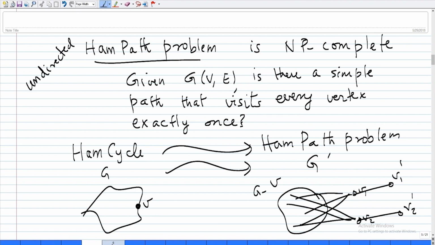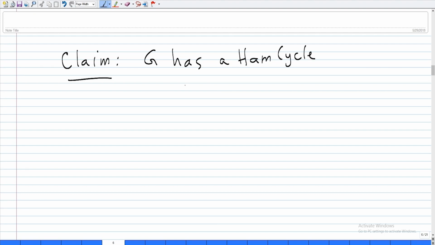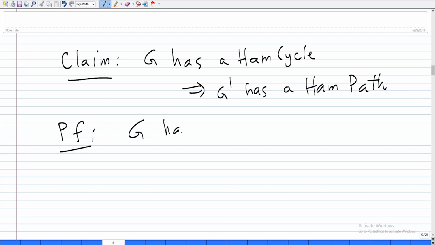Let's see the proof. The claim: G has a Hamiltonian cycle if and only if G prime has a Hamiltonian path. Okay, let's prove the forward direction. G has a Hamiltonian cycle.